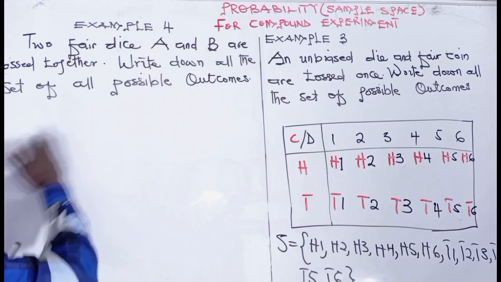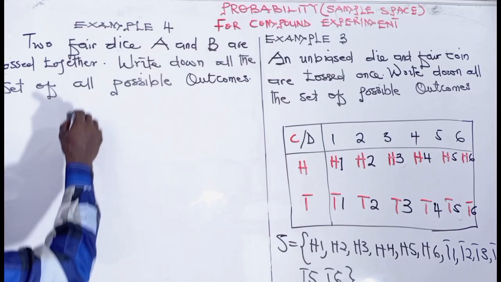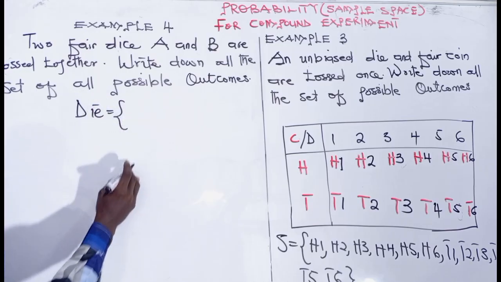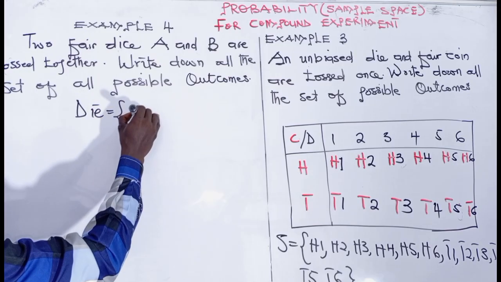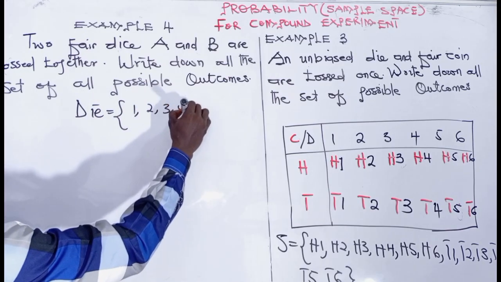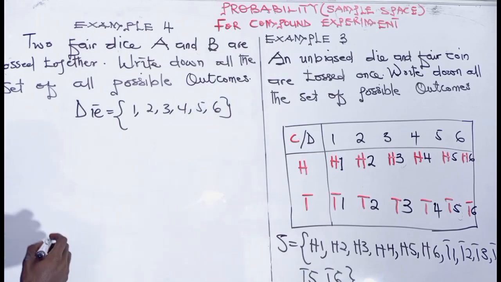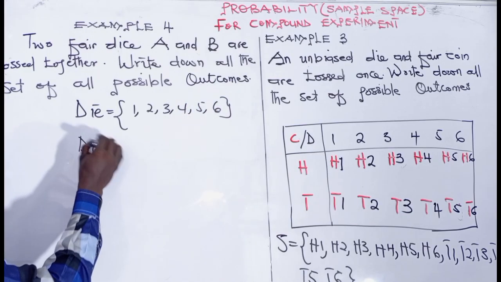We know that when we toss a die, meaning one die, we are going to get this set of possible outcomes. And then we are also tossing another die, so we have two dice.